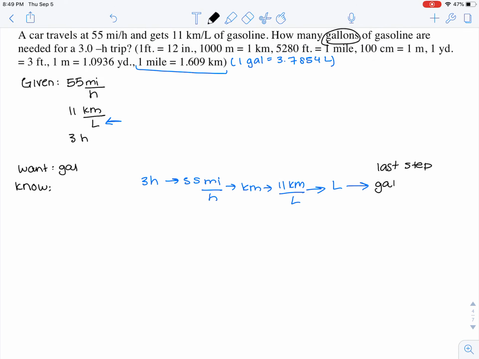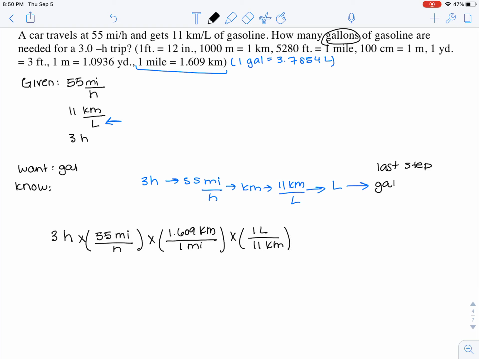So you have your 3 hours times 55 miles per hour times your 1.609 kilometers over 1 mile, times 1 liter over 11 kilometers.